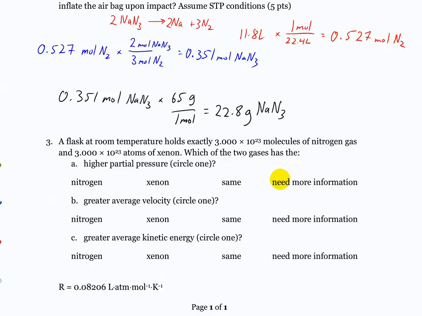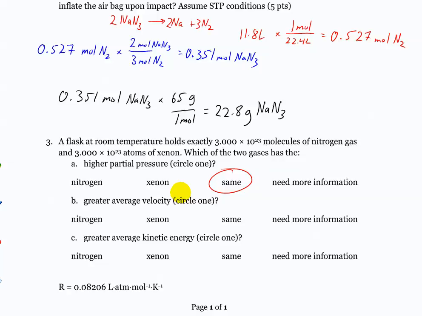PV equals nRT. It says it is the same temperature, the same amount of moles, and the same volume. So partial pressure is proportional to mole fraction. If it has the same number of moles, then it's the same partial pressure. Remember, partial pressure equals mole fraction times total pressure. So it tracks with moles.